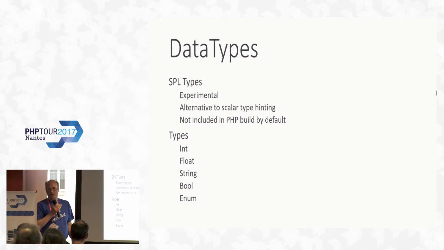So its only real value was for type hinting. You can do that anyway now with PHP 7. I hope a lot of you are beginning to do so because it's a great little feature. I have to say SPL type hints probably should best fall by the wayside. They should be forgotten.